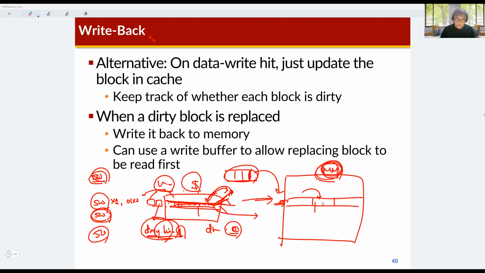In the write back cache, when the store instruction is executed, the contents in the cache are updated, but the update to memory is delayed until this cache line is evicted. So it's the same data, with the same address, but the value can be different because of the write back cache.